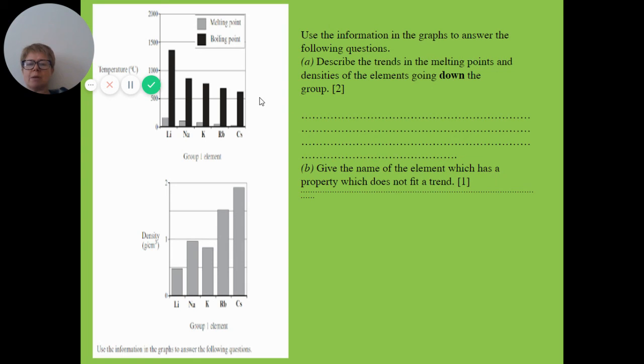So can you describe for me, please, the pattern that you're seeing in melting and boiling point and density on the graph? And then question B, give the name of the element which has a property which does not fit a trend. So there's one element that has a property that doesn't quite fit the overall pattern. Which element is that? So the video can be paused now while you write those down, and I'll go through the answers.